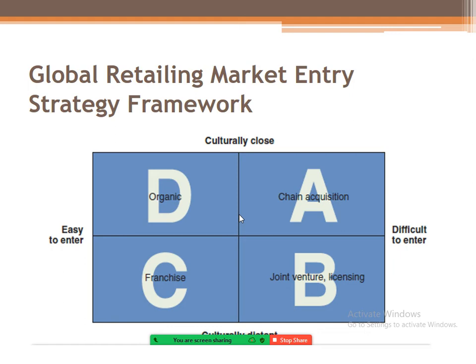The next is franchising, shown in quadrant C. It is the appropriate entry strategy when barriers to entry are low, yet the market is culturally distinct in terms of consumer behavior or retailing structure. Franchising is a contractual relationship between two companies.